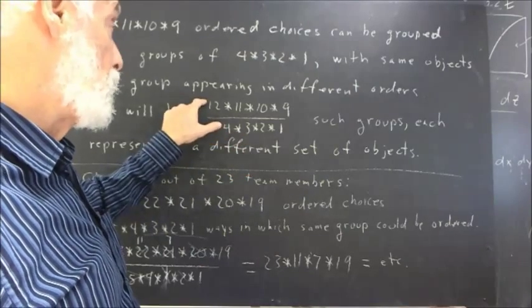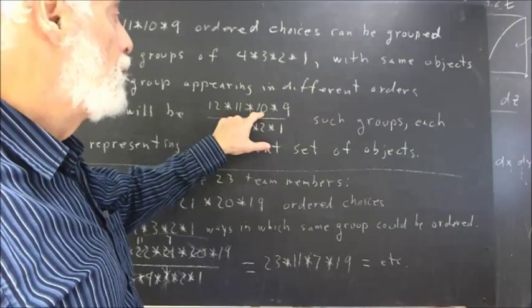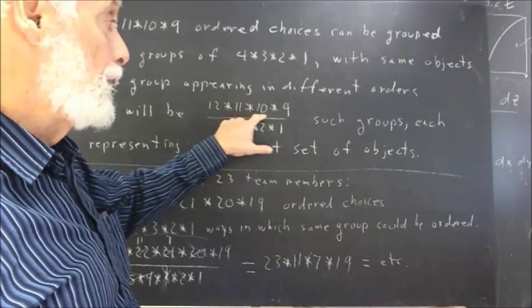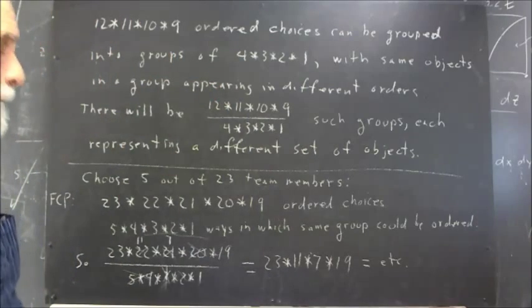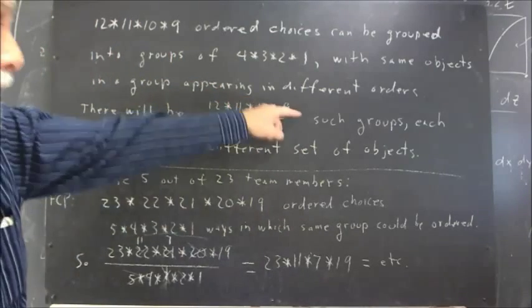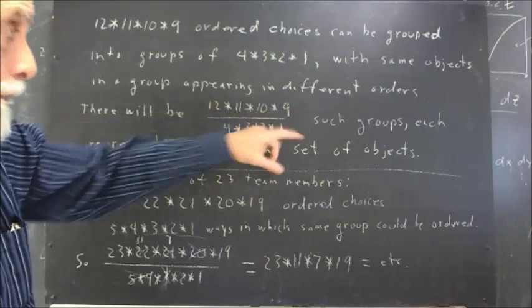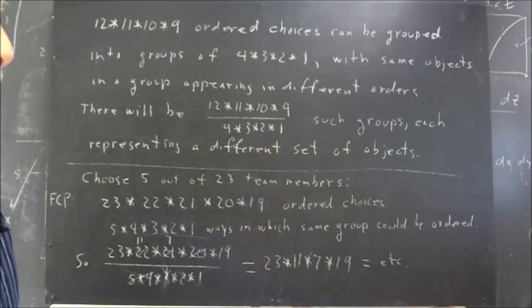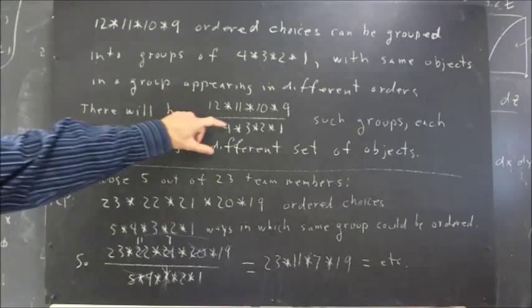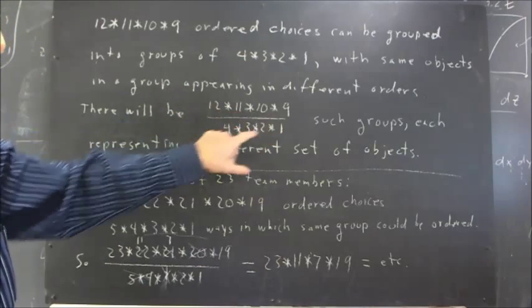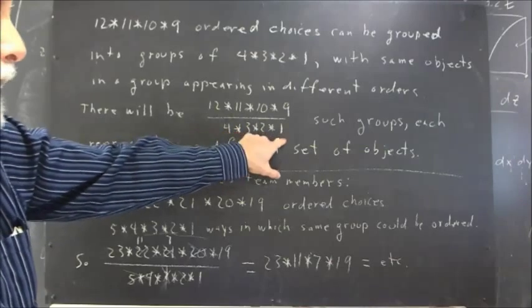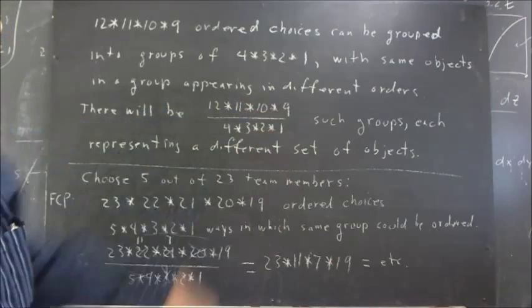That divides 12. 2 goes into 10 5 times, so we're left with 11 times 5 times 9, which is a much smaller product than this or this. This is over 10,000. This is about 24, and the denominator here will always divide evenly into the numerator. We'll always be able to divide everything in the denominator into something in the numerator.